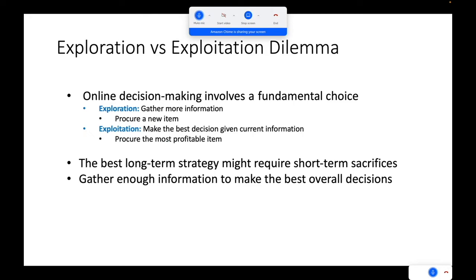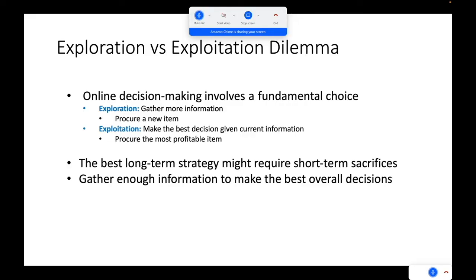But it also tells us what is a good or bad action. Exploitation is when we make use of knowledge collected from previous steps and take the best decision given the current information. So we can, for example, recommend the item which is most profitable.